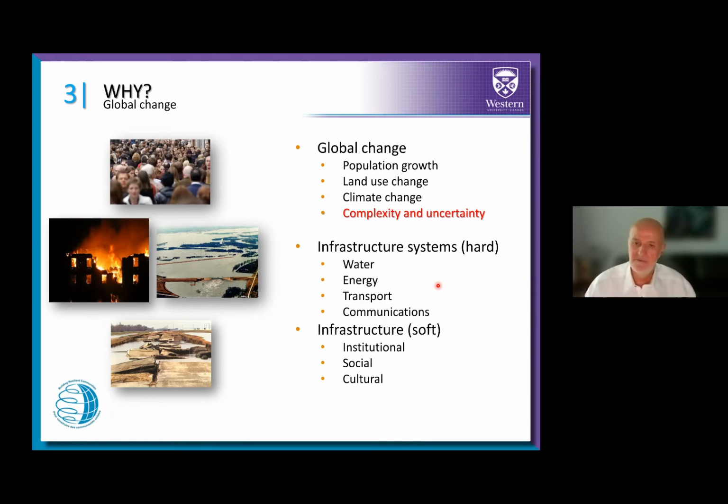By hard infrastructure, I mean the pipes and the transmission lines: water, energy, transport, communications, and so on. And the soft infrastructure, basically adjustments and adaptation of the institutions, societies, countries, and organizations, even some cultural change in relationship to different changing conditions.